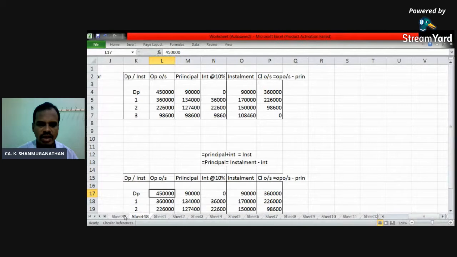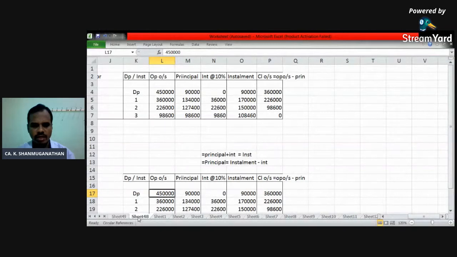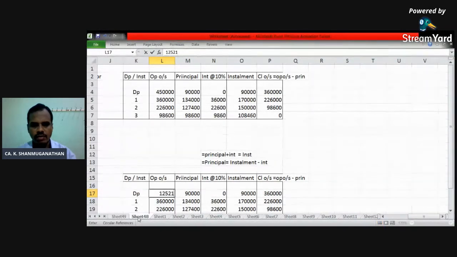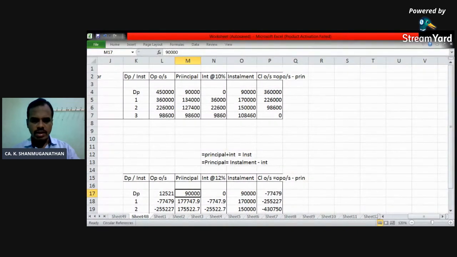So the total cash price, let's check from the previous working, is 12,521, and the rate of interest should be 12%. There is no interest on our down payment. And the amount, if you refer, 3,000 is the down payment, entirely principal portion.